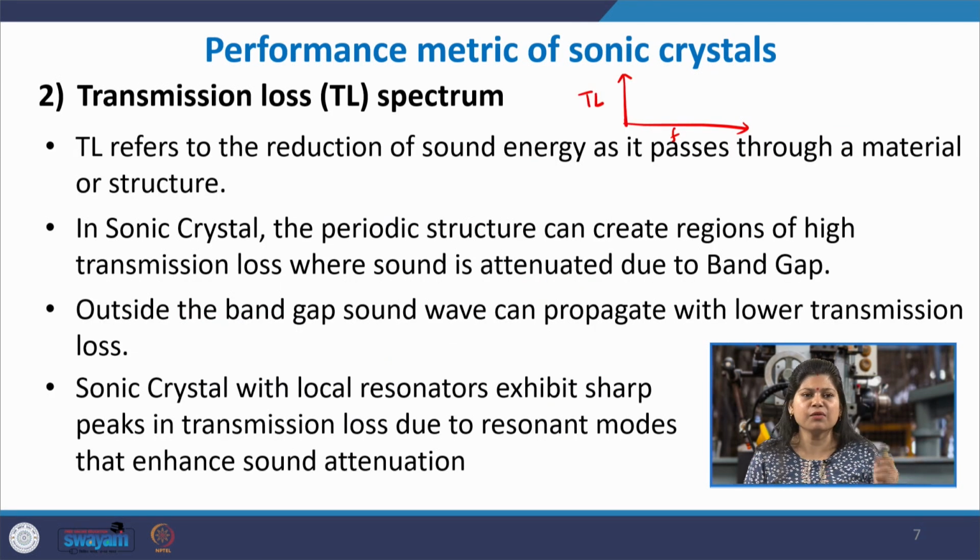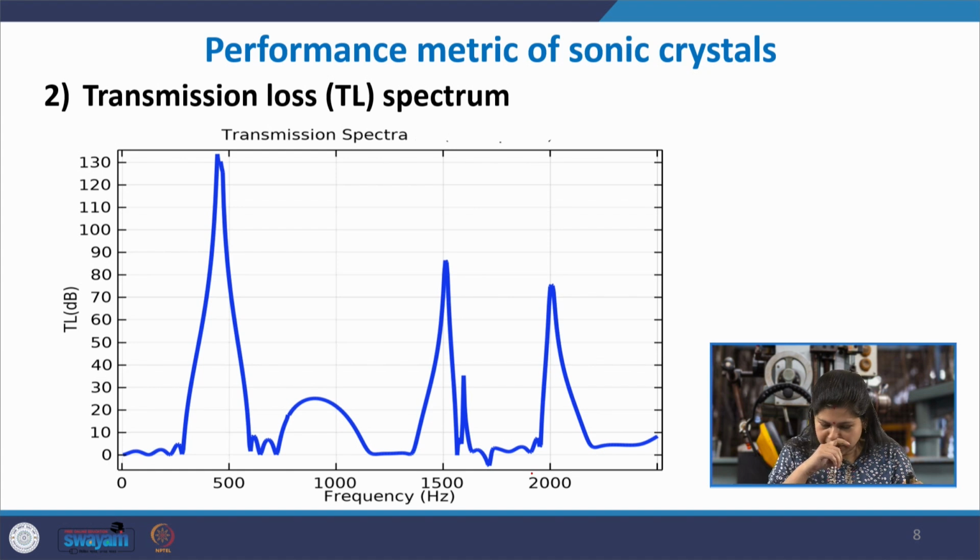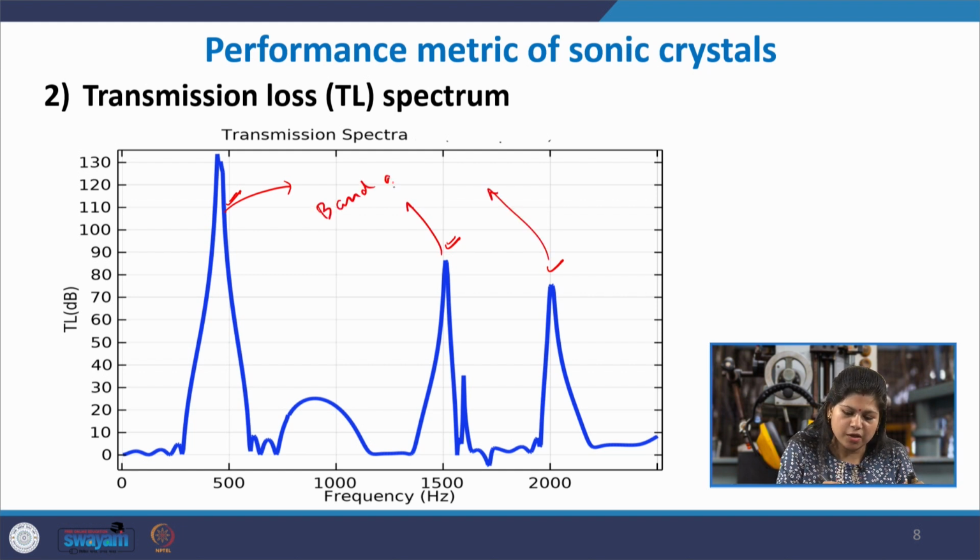That is what can be seen in the corresponding structure between 400 to 600, then somewhere centered around 1000 hertz, then in a very small range below 1800 hertz. You can see sharp peaks at these ranges, which correspond to the band gaps observed in your band diagram.